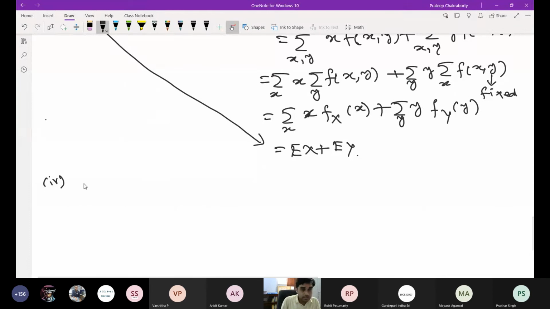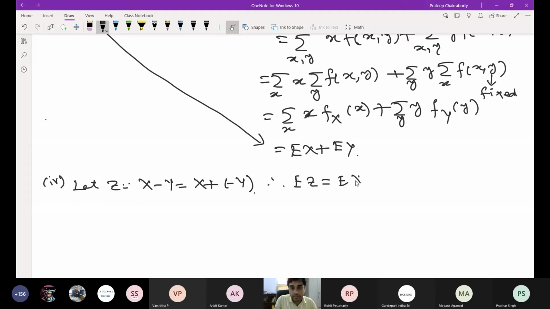See, even to prove this part, we need the previous part 3. Let z be equal to x minus y, which is x plus (minus y). So Ez is equal to Ex plus E(minus y), and E(minus y) is equal to minus Ey.